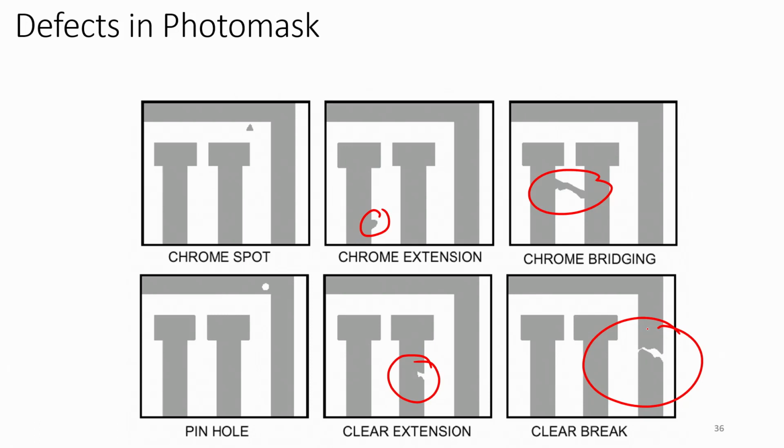If there is a break, let us say if I make this pattern, and if there is a break, then it is not correct. The design itself will give us a different value if there is a break in the mask. So, these are a few defects that you need to understand and observe whenever you start working with a photomask.